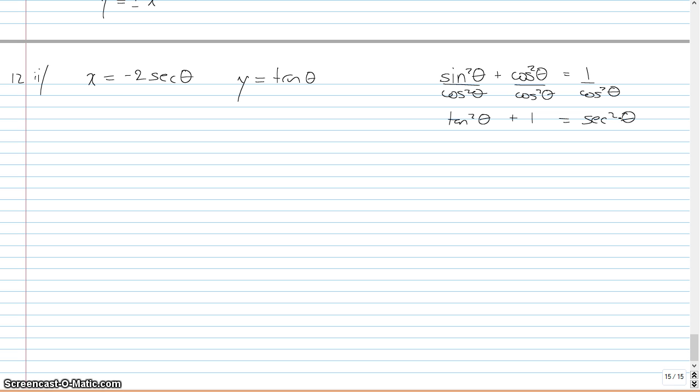So we can see that secant theta would be negative x over 2. So what does that mean? Tangent squared plus 1 means y squared plus 1 is equal to secant squared, x over 2 squared. And what that actually means is that x squared over 2 squared minus y squared would be 1. So again, this is a hyperbola.